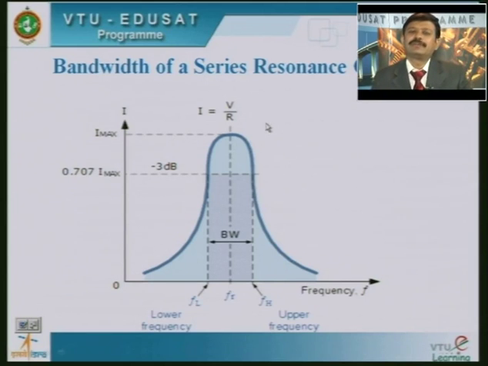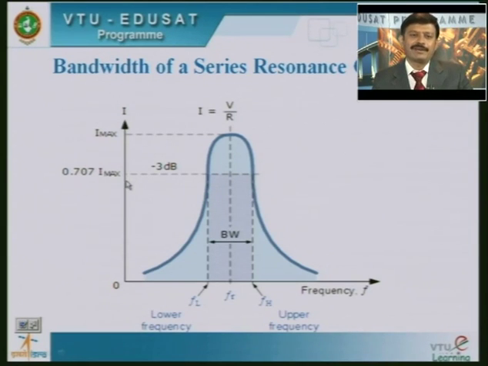Here, the reverse phenomenon: XL is greater than XC, omega L is greater than 1 by omega C, and VL is greater than VC. Whenever VL and VC cancel each other, then we get resonant frequency. Both voltages are equal and opposite, and they cancel each other.